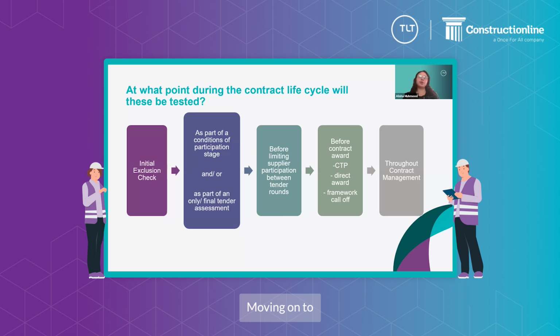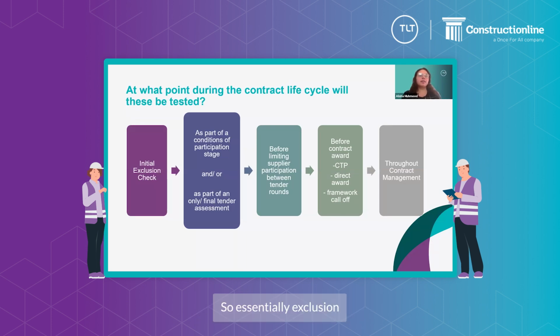Moving on to our next topic, which is, at what point during the contract life cycle will these be tested? I think it's worth having a general overview of some of the key areas and points at which exclusion may be assessed by an authority.